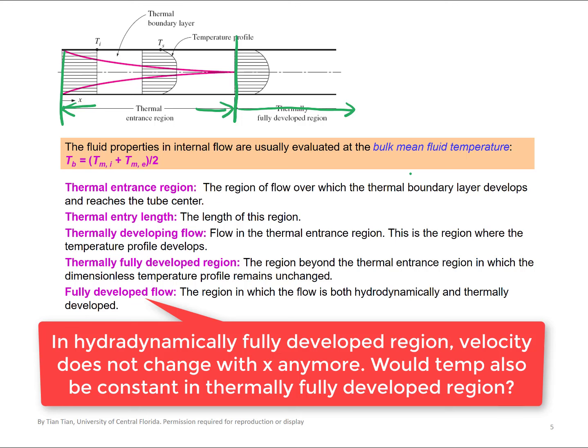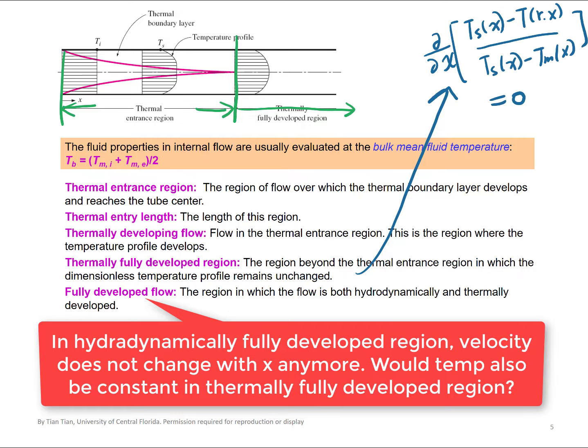So in thermally fully developed region, temperature would still be changing. But the dimensionless temperature profile remains unchanged. Mathematically, we express it like this. So it is this dimensionless temperature that remains unchanged, but temperature is still changing.